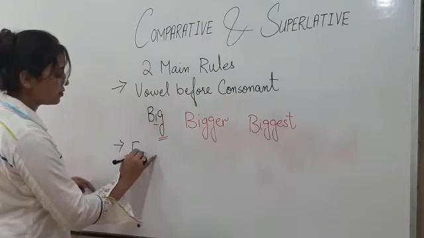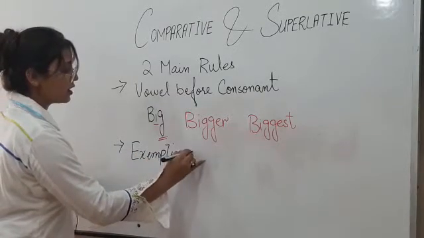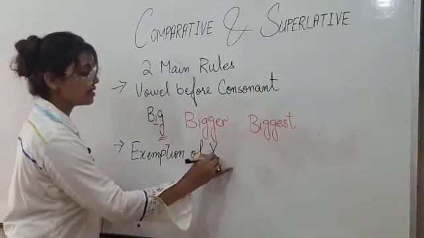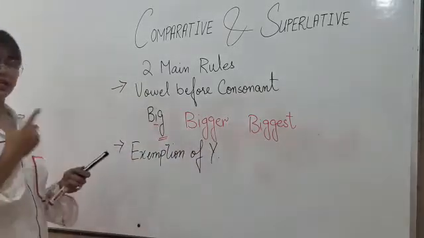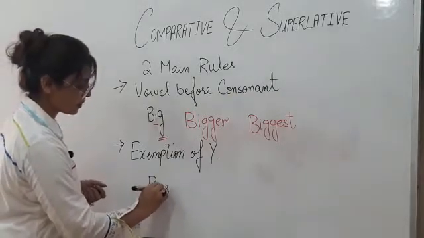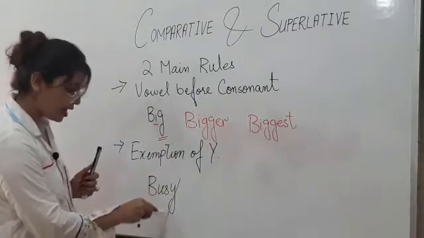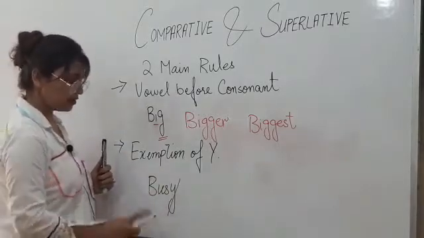Rule number 2 is exemption of Y. What does that mean? For example, we take one adjective like busy. We will exempt Y from this adjective.